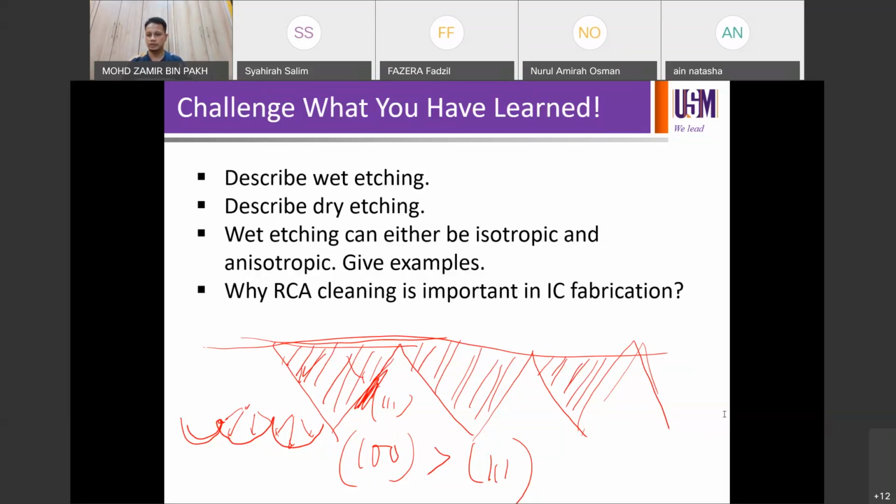Amira, would you like to continue on that? What do we do during RCA? Remove unwanted materials, right? Great. So what are those unwanted materials? How many steps of RCA do we have? Three steps, right? So what's the first, second, and the third? What do we remove?